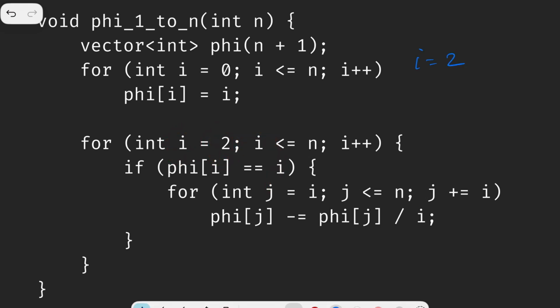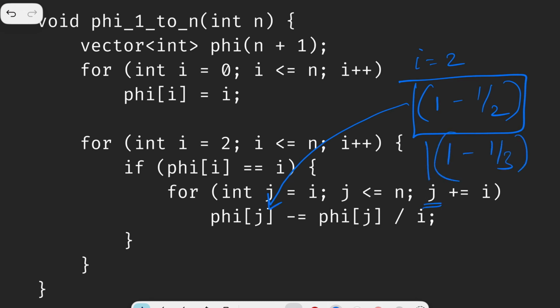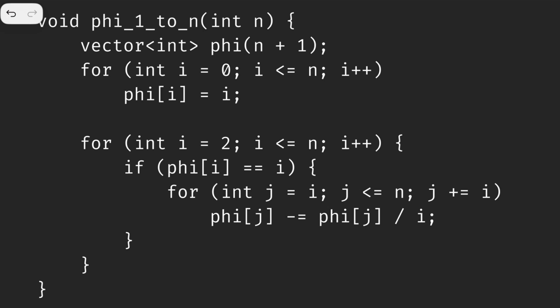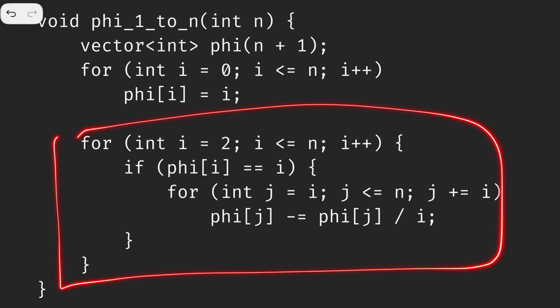For i equal to 2, it will be 1 minus 1 by 2, and this value will get multiplied to every single j that is a multiple of 2. For 3, it will be 1 minus 1 by 3, and this value will get updated for every single j that is a multiple of 3. I hope this makes sense. You can dry run this code.